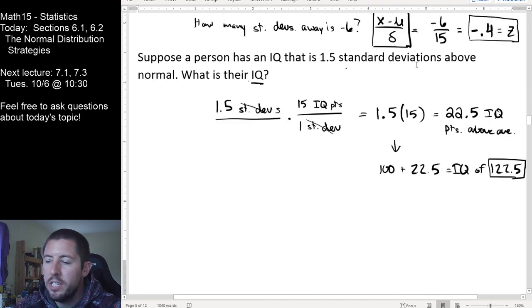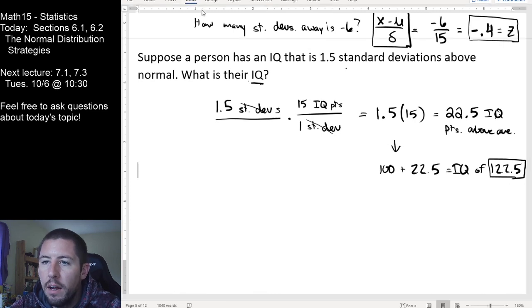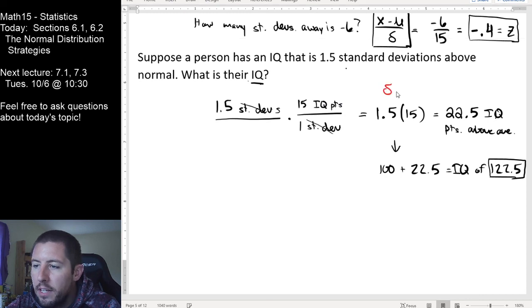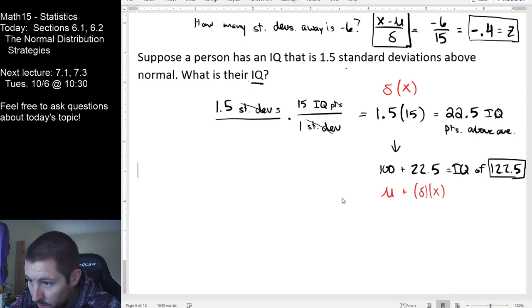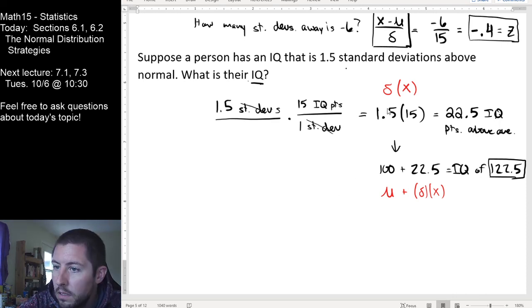So it looks like our computation here was we multiplied together our number of standard deviations sigma times our observed value, and then we added that to our average. Sorry, oh, hang on, I said that wrong.